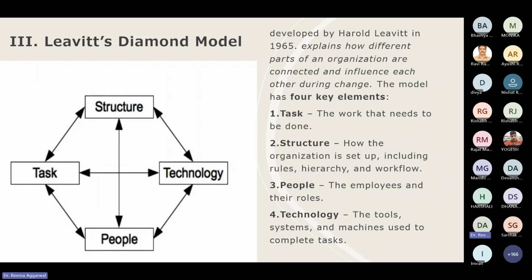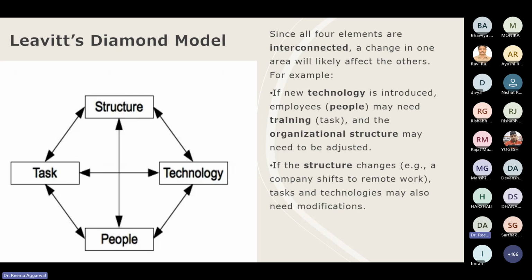Task means the work that needs to be done; that will change. Structure means rules, hierarchy; some structure is going to change. People means employees' roles will change, right? And technology means the tools, systems, and machines that you are using are also going to change. So all these four elements are interconnected.